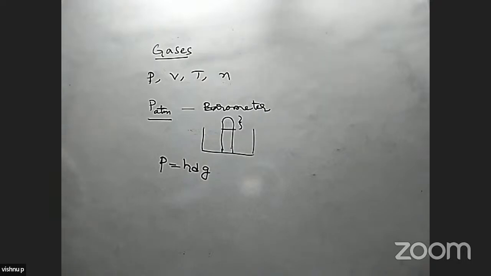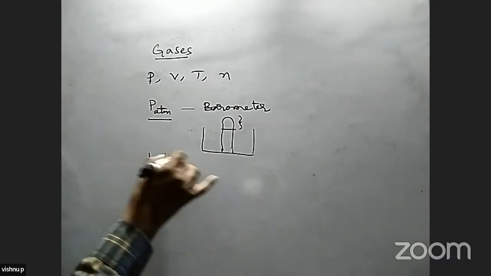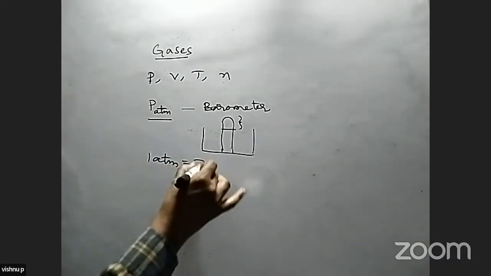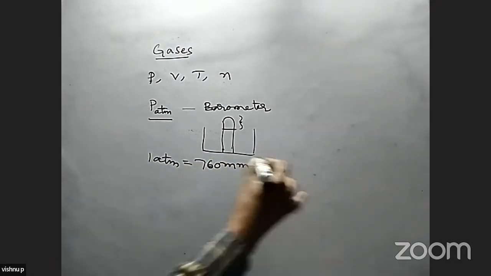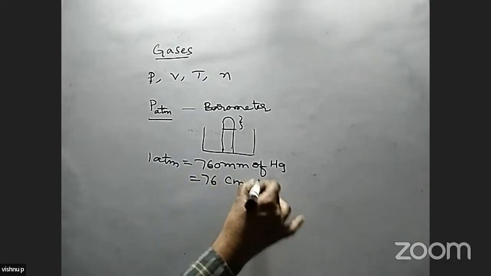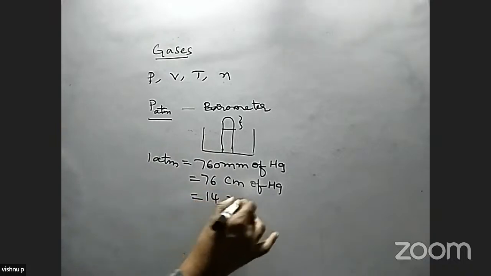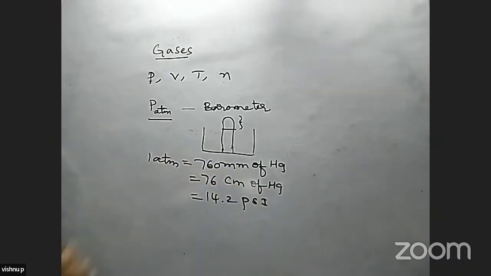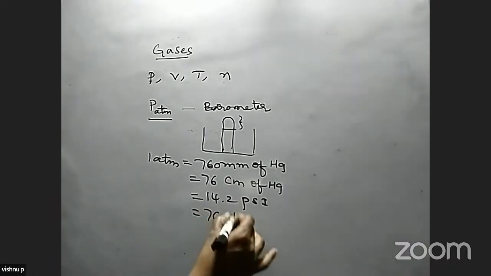So, what is the pressure of the atmosphere? We can take 1 atmosphere as equal to 760 millimeters of mercury, which is equal to 76 centimeters of mercury or 14.7 psi, that is, pounds per square inch, or 760 torr.